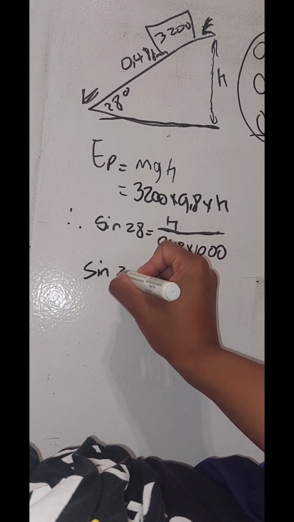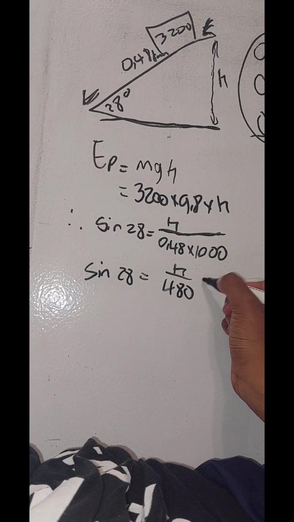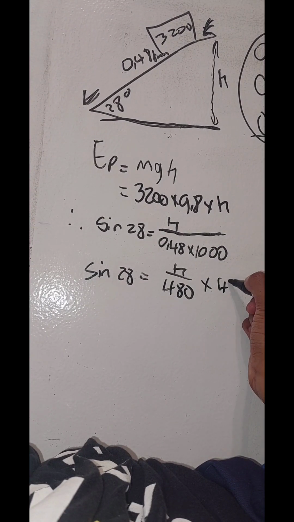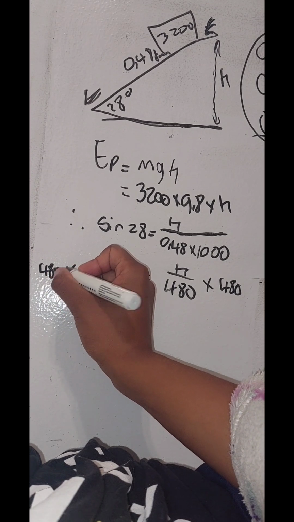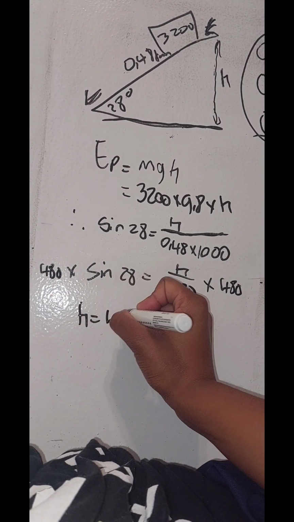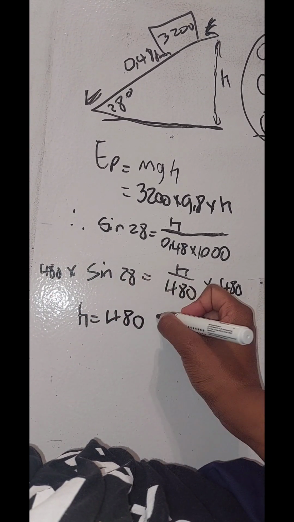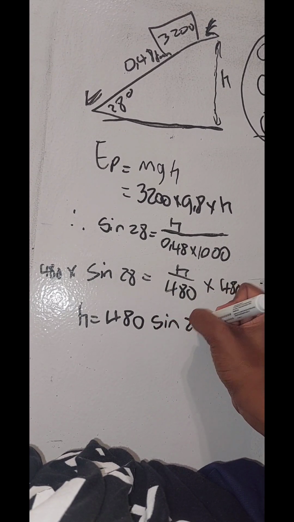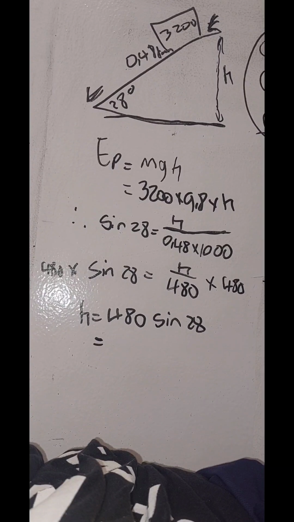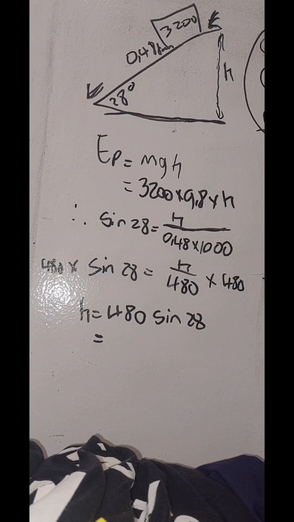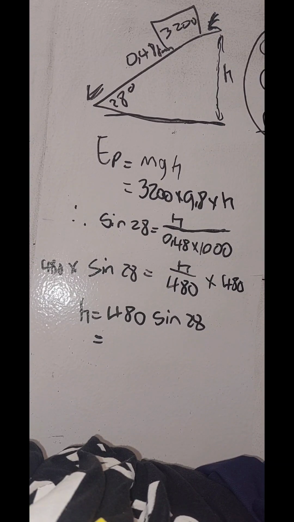Sine 28. So I'm going to multiply 480 on both sides, which means h is going to be equal to 480 sine 28, right? So work it out for me. 480 sine 28. That is the height.